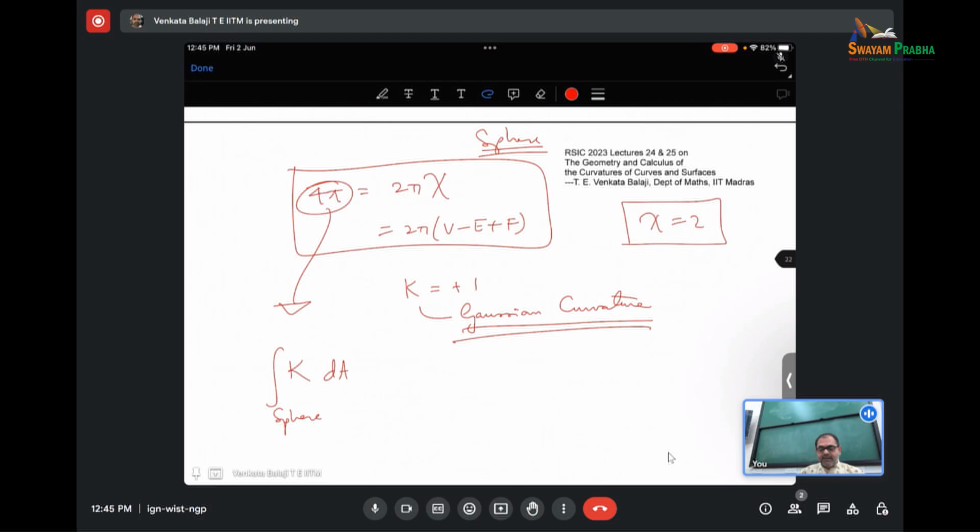What I want you to understand is that if S is a surface and P is a point of the surface, at that point there is something called the Gaussian curvature. Now you take this Gaussian curvature function and integrate over the surface.